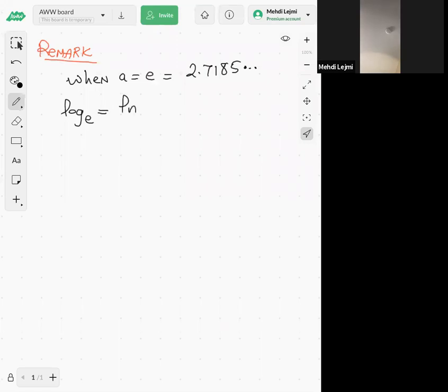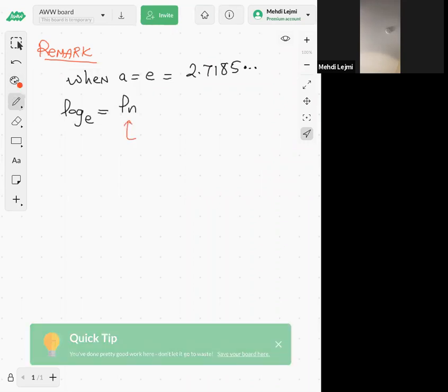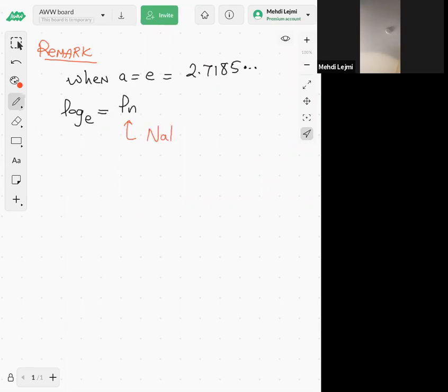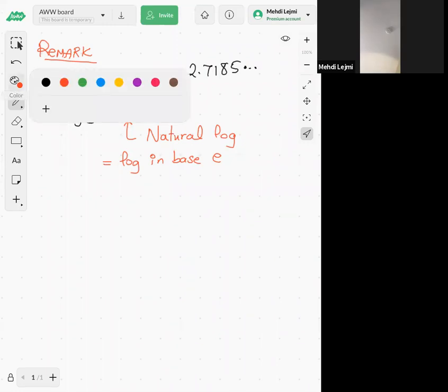So ln means natural log, that's the log in base E. All I'm saying is that log in base E, this special number E, has a name. It's called natural log, ln. So if you see ln, that means natural log. That's just a different name for log in base E.